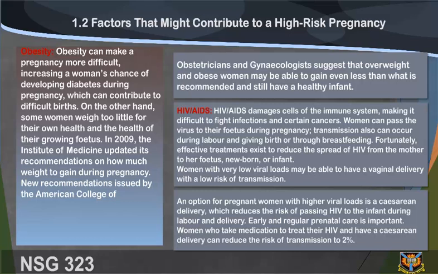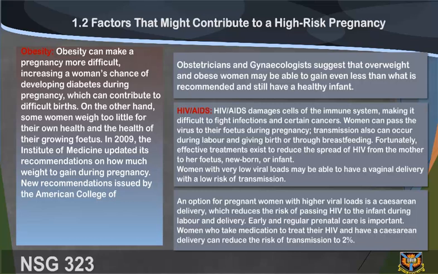Women with very low viral loads may be able to have a vaginal delivery with a low risk of transmission. An option for pregnant women with higher viral loads is a cesarean delivery, which reduces the risk of passing HIV to the infant during labor and delivery.